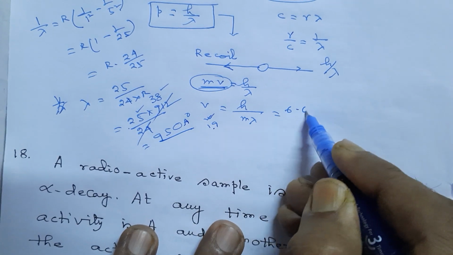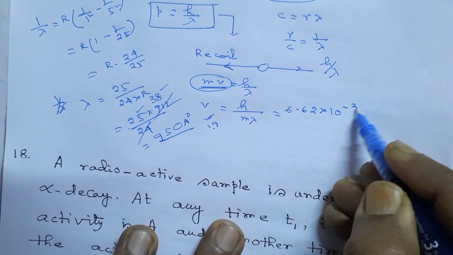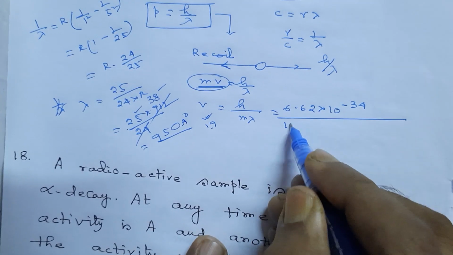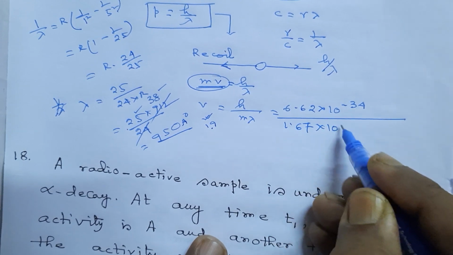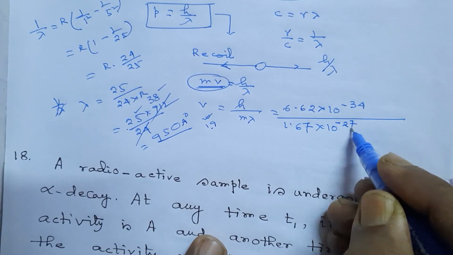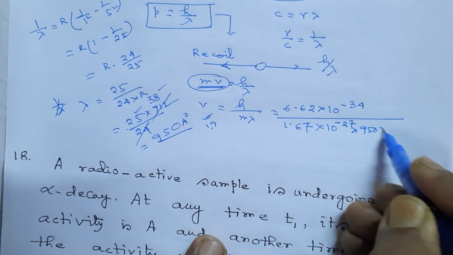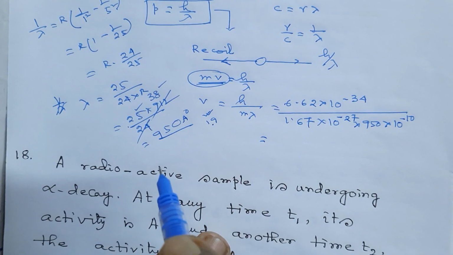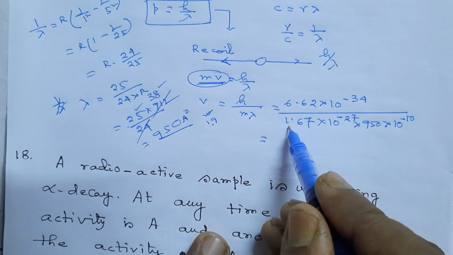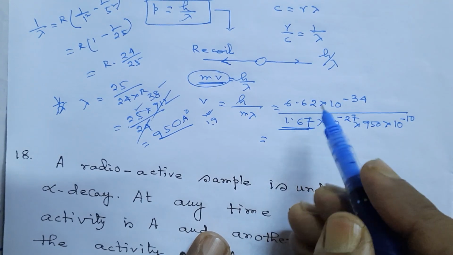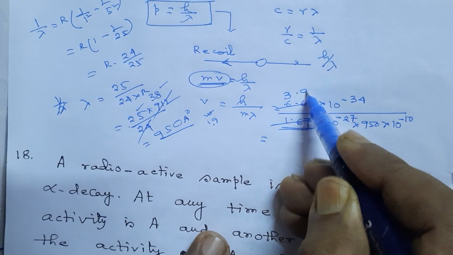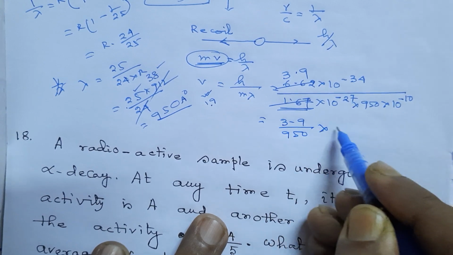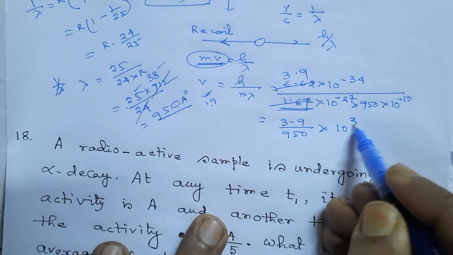Now h is 6.62 into 10 to the power minus 34. The mass of the hydrogen atom is 1.67 into 10 to the power minus 27 kg, and lambda is 950 into 10 to the power minus 10 meter. So 1.67 into 6.62 is nearly 3.9, so 3.9 by 950 into 10 to the power minus 37 and 10 to the power 10.